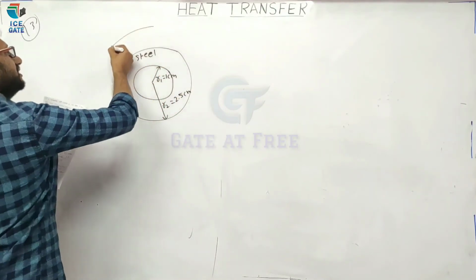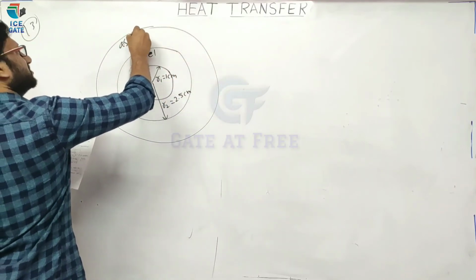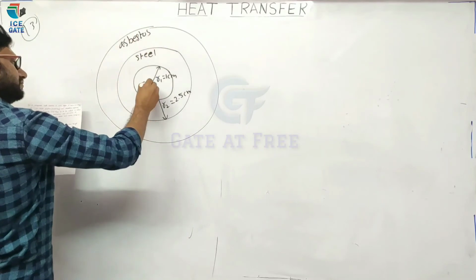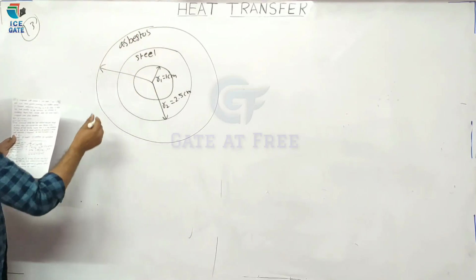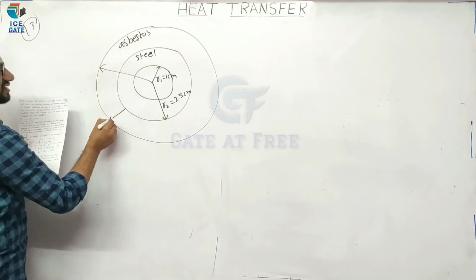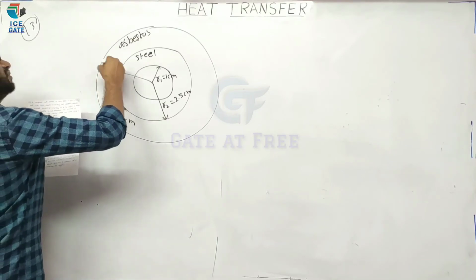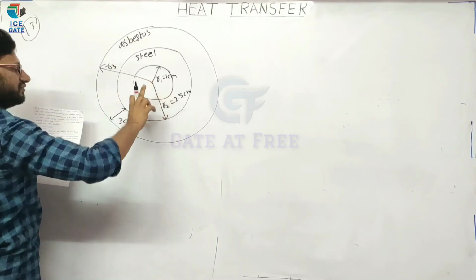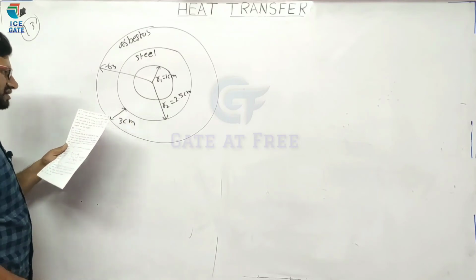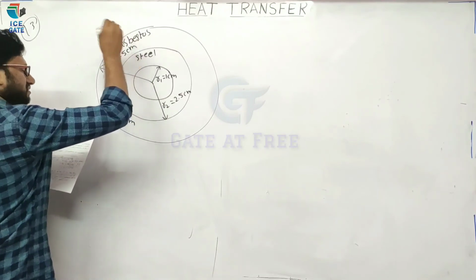And this is insulated with asbestos material with a thickness of 3 centimeter. Now, what is the radius of asbestos? R3 is equal to 2.5 plus 3 centimeter, that is 5.5 centimeter.